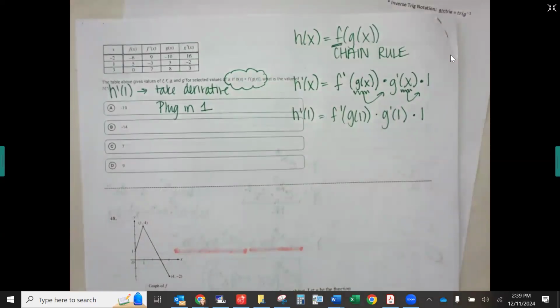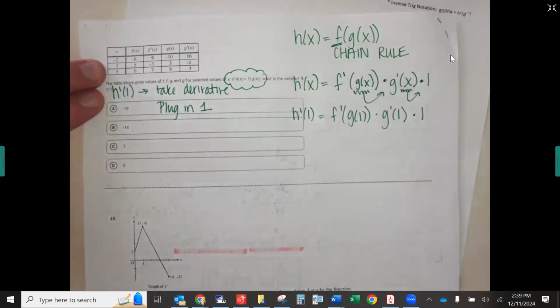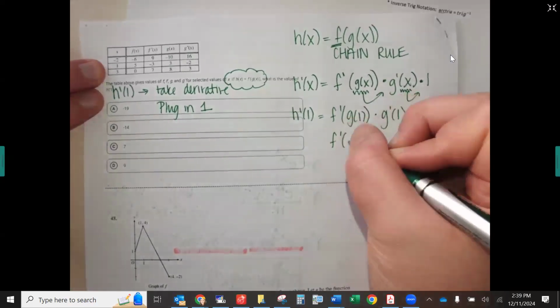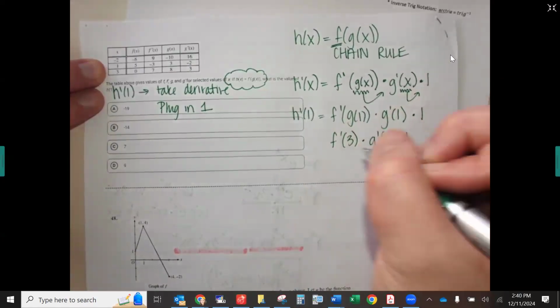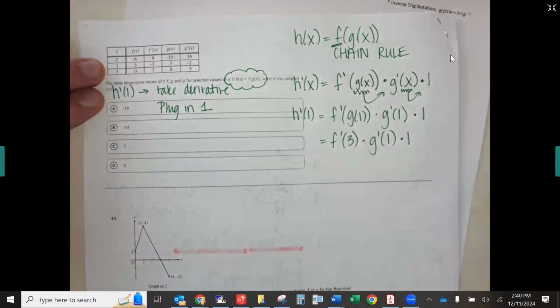Okay, when you evaluate this, you should start from the middle and work your way out. So look at the table. What is g of 1 going to be from the table? G of 1 is a 3. So now this is f prime of 3 times g prime of 1 times 1. Okay, then from there, what's f prime of 3 in the middle now? 7.